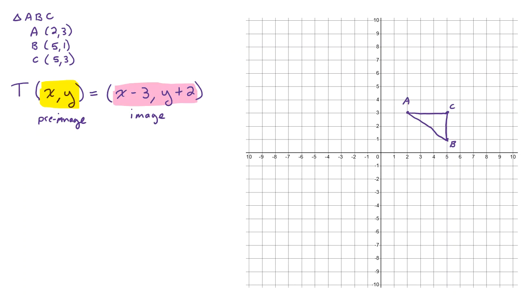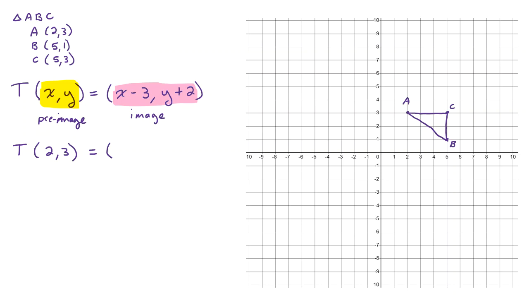Okay, so let's do point A. If I want to transform the point A, which is (2, 3), so 2 is my x value and 3 is my y value, I'm going to plug 2 in for x and 3 in for y into this equation right here.